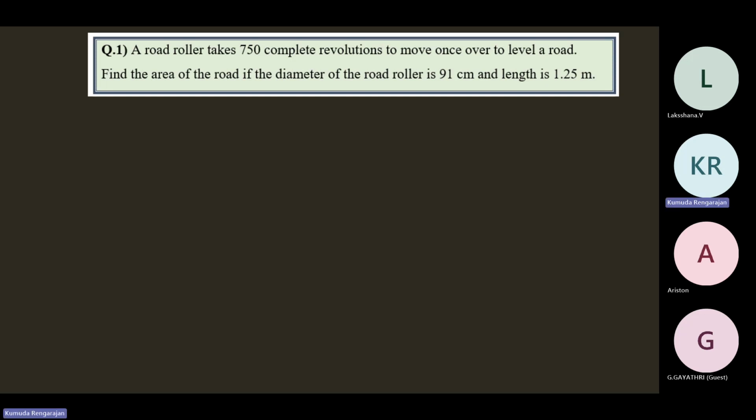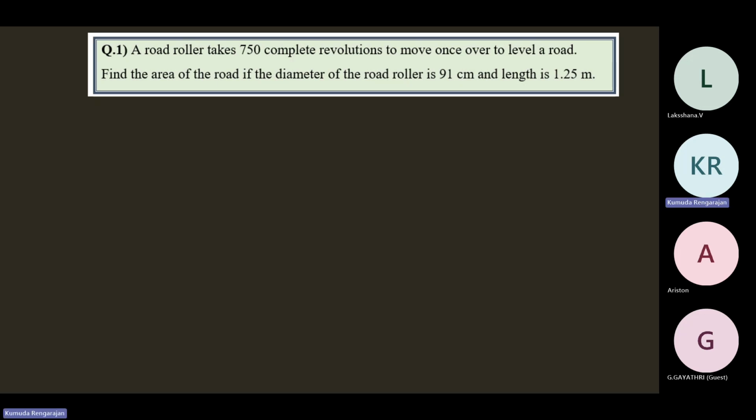Find the area of the road. Now the road is rectangular. If you know the length and the breadth of the road, you can find the area of the road. But here the length and the breadth of the road is not given to you.